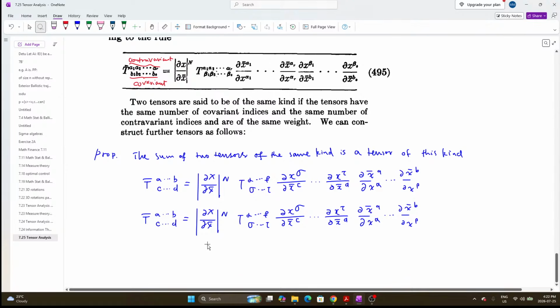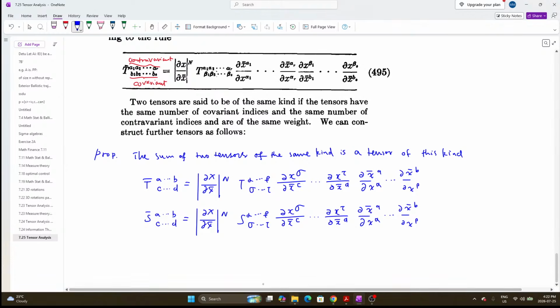Of course, from a mathematician's point of view, the same proposition means if you have two multilinear functions, T and S, the sum is still a multilinear function, which is obviously true. Okay, and then you add them together.